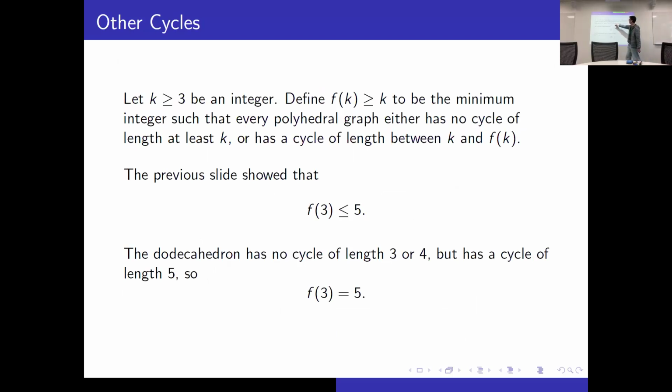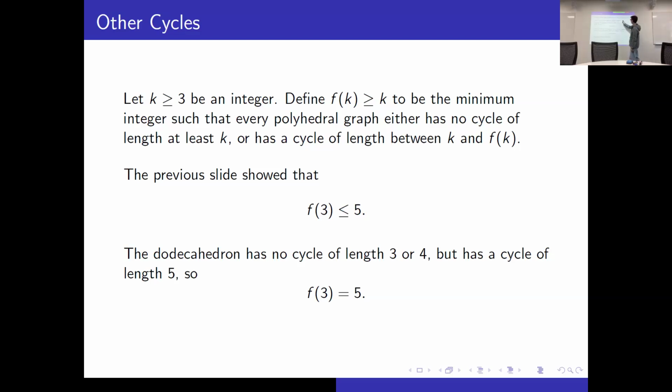If we have a polyhedral graph such that it has some cycle of length at least k, then we want to know: can we conclude that it must have a cycle of length between k and some fixed integer f(k), which only depends on k?